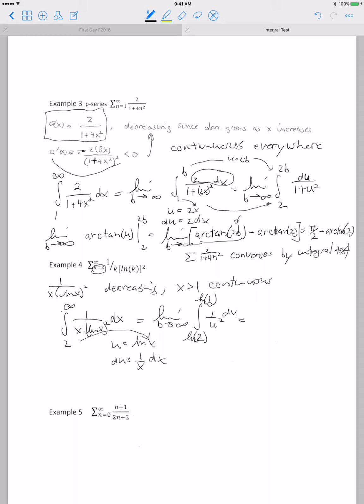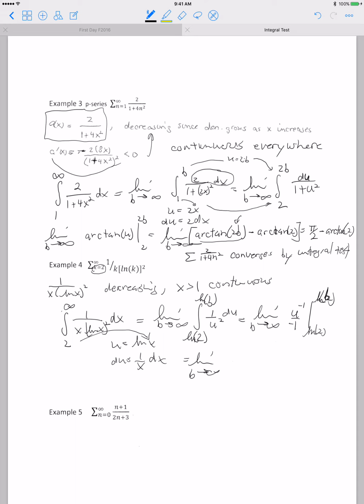We're going to take the antiderivative. And so this is u to the minus second power. We're going to add 1 to the power and divide by it and evaluate at the lower and upper limits. So if I plug in, whoops, this is natural log of b up here, not natural log of 2.